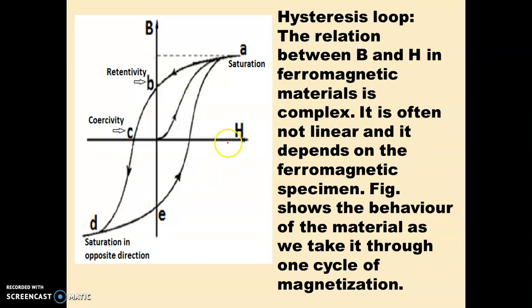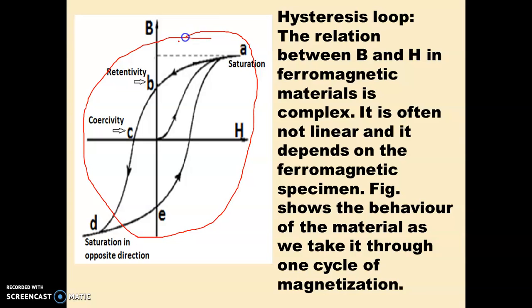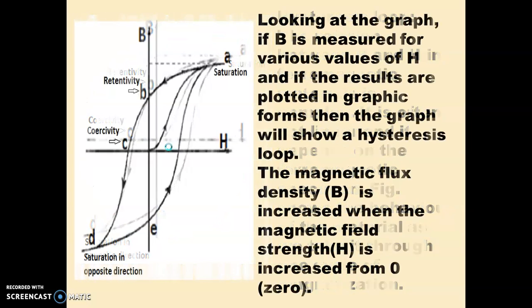When we see this figure, it shows the behavior of a material as we take it through one cycle of magnetization. We have to see how the one cycle of magnetization occurs.